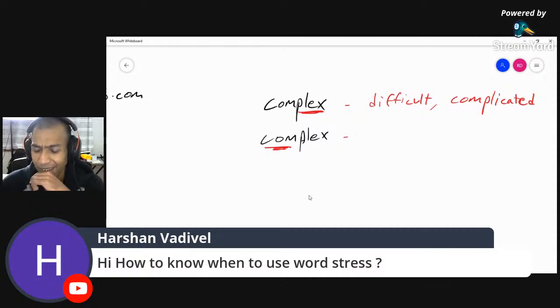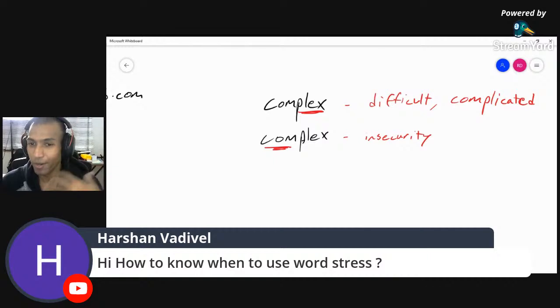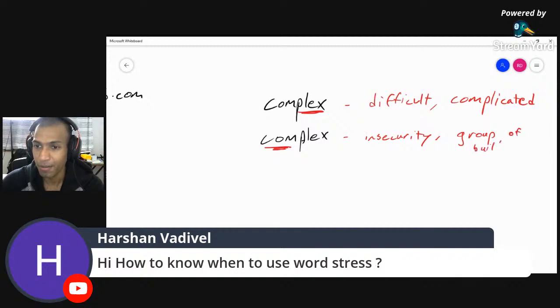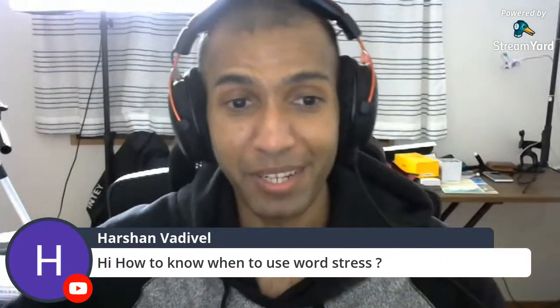This is like having an insecurity, a sense of insecurity about yourself. So for example, when we say that somebody has an image complex, that means they feel insecure about their appearance. Another meaning of the word complex could be a group of buildings. And this is completely different, unrelated to the insecurity meaning. It just means a group of buildings, something like that. It would be a complex, right? So you might have heard the expression shopping complex, for example.